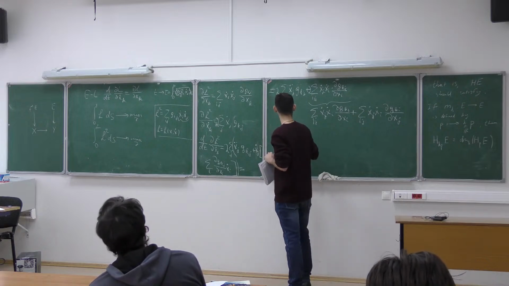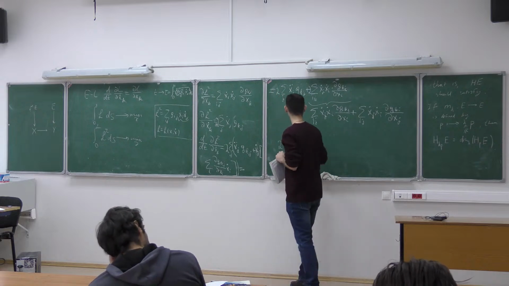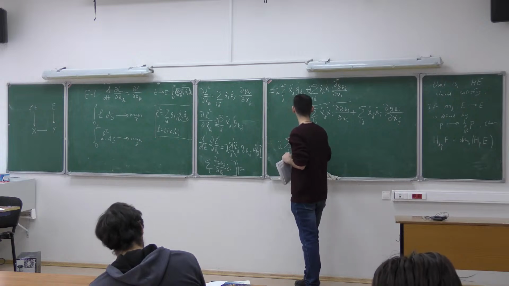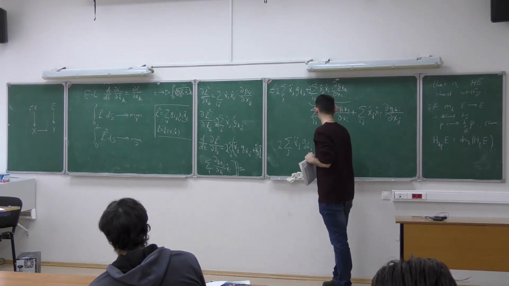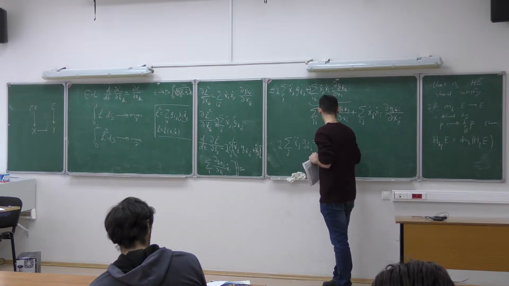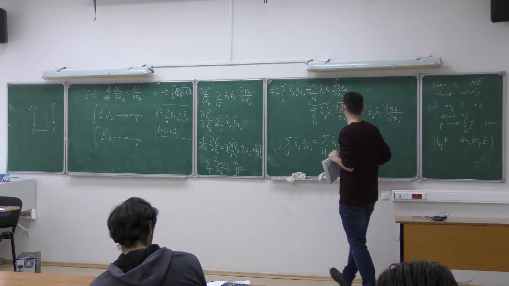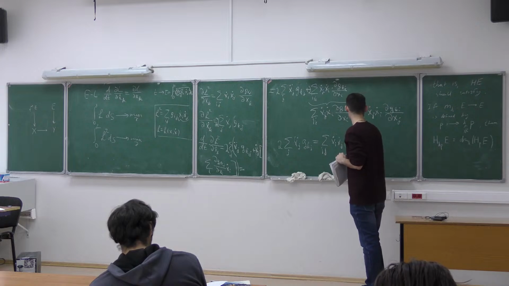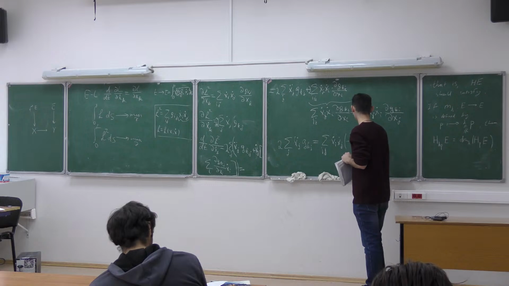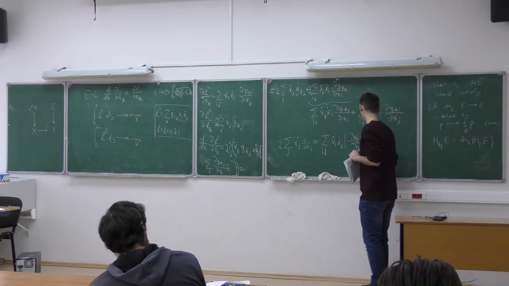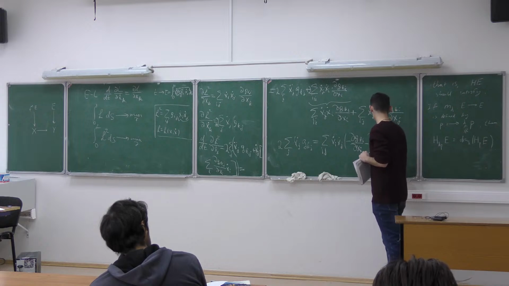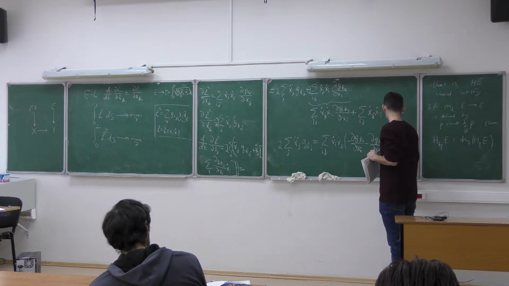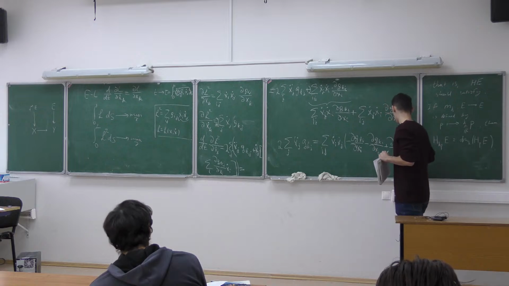So we obtain 2 times the sum over j of xj dot times gkj equals the sum over ij of xi dot xj dot times minus the derivative of gkj with respect to xi, minus the derivative of gki with respect to xj, plus the derivative of gij with respect to xk.